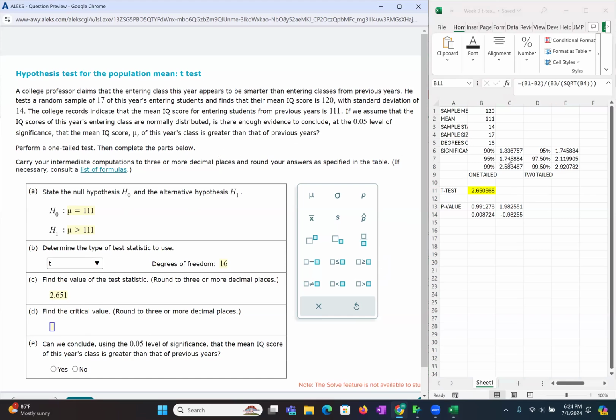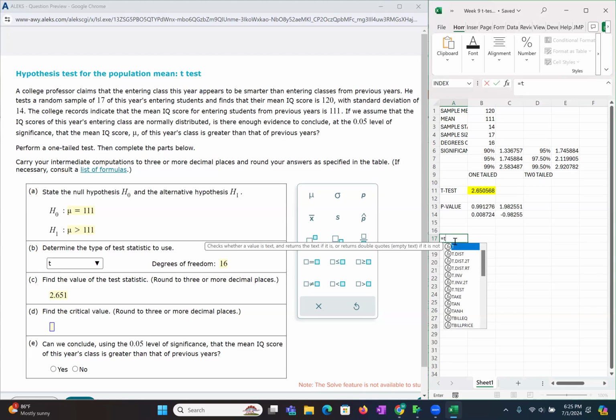So the issue here is you're going to go with a critical value. We're going to say equals T.INV, 0.95, comma, and this time 16. And that gives us 1.74588. So 1.746.